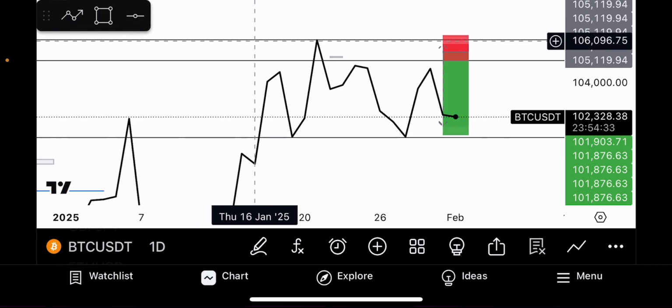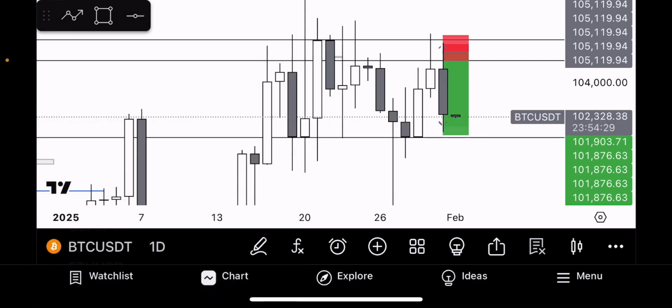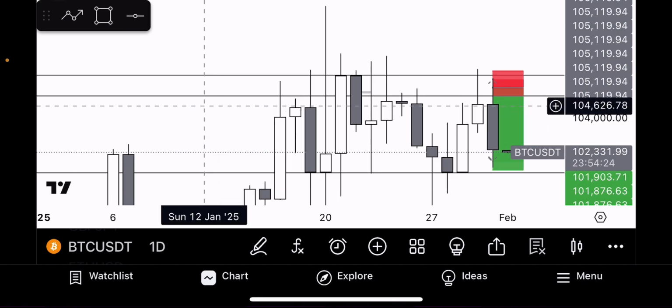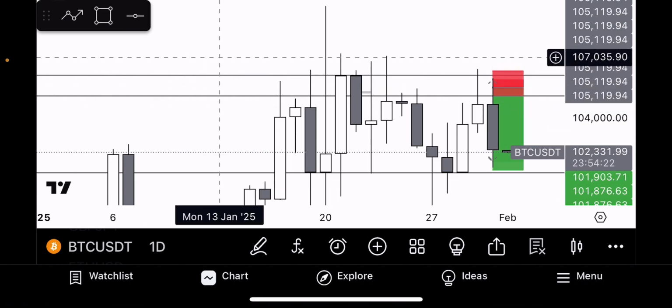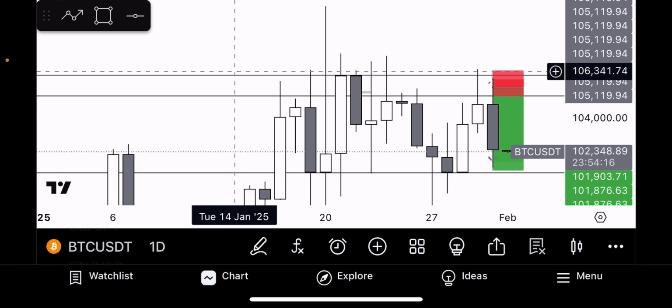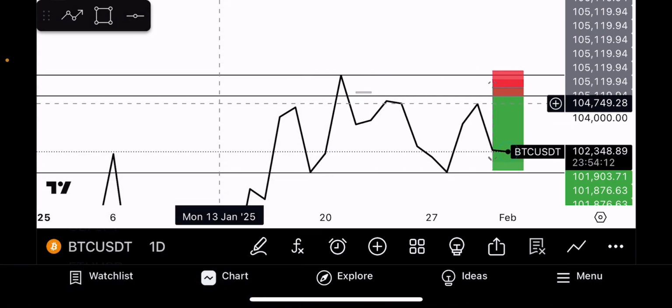It didn't close above as a body. It closed as a wick. For example, this is what I was telling you. You see, this is the wick. It tapped and closed below. As you can see.